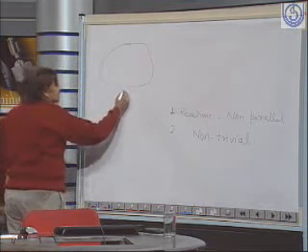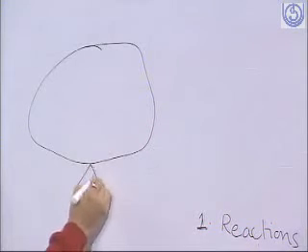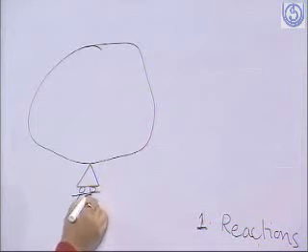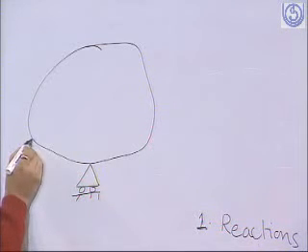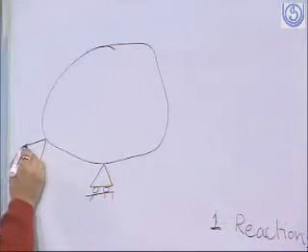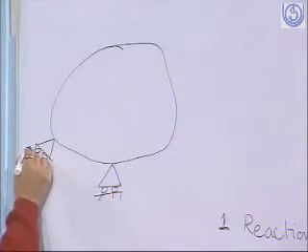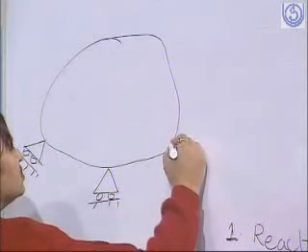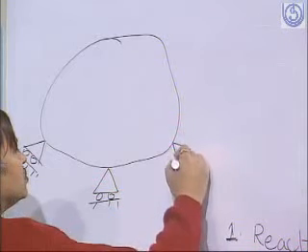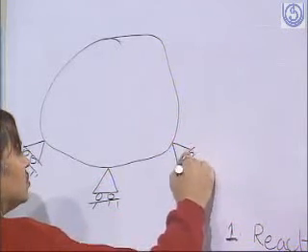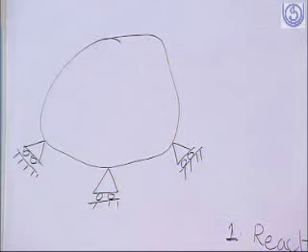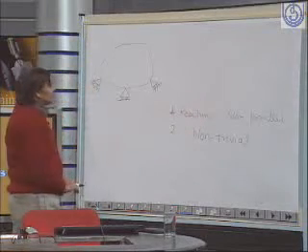This is a structure and support and suppose the support conditions, we give 3 roller support in these 3 directions. Now you can see that we are fulfilling these 2 conditions.